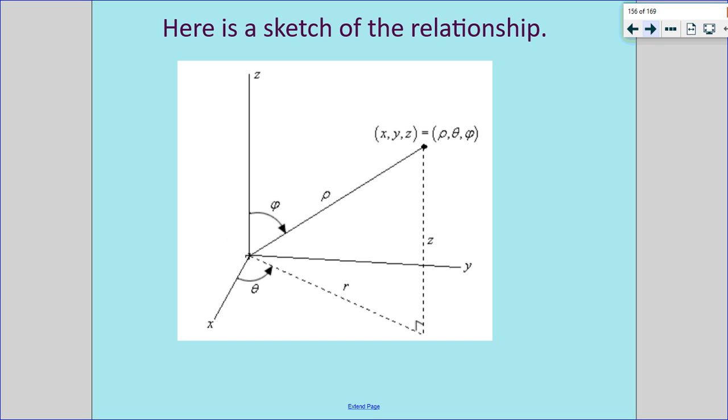And that's all you need to do, go from fully up to fully down, and that gets you anywhere above the xy plane or below the xy plane. So if phi is 0 to pi over 2, you're above the xy plane, and if it's more than pi over 2, all the way down to pi, you're below the xy plane. All right, any questions on that?